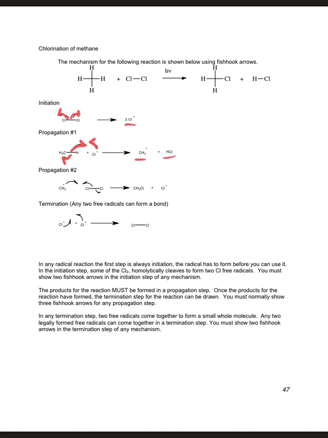Then the methyl radical abstracts a chlorine off of Cl2, so we form methyl chloride and a new chlorine radical. And then in the termination, any two free radicals can form the bond, so two chlorine radicals form Cl2, or two methyls form ethane. It doesn't matter what comes together because only a small amount happens here.